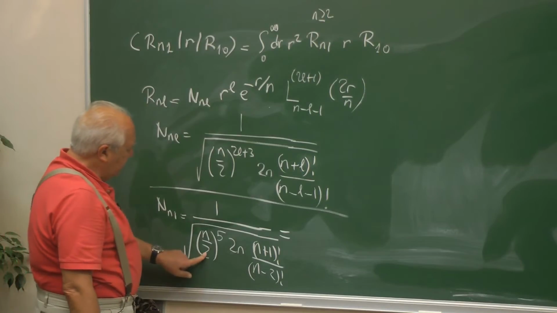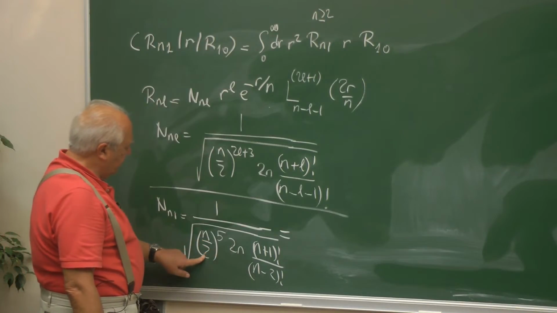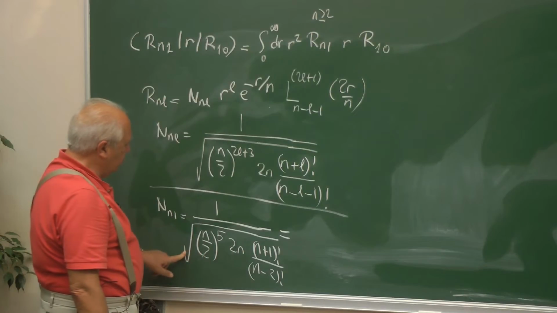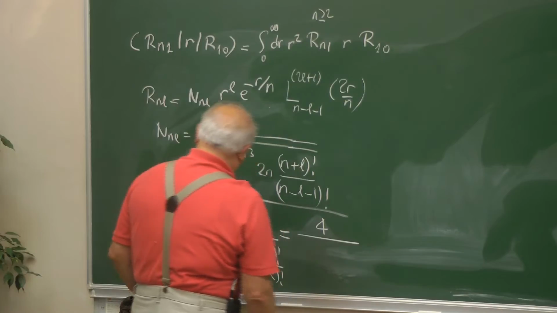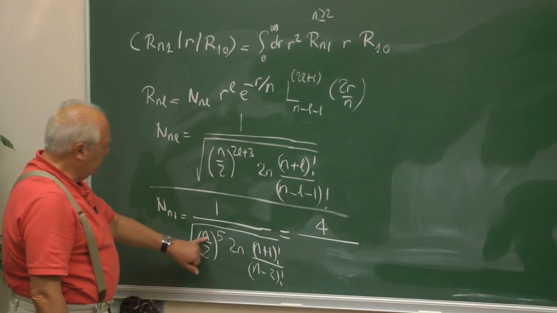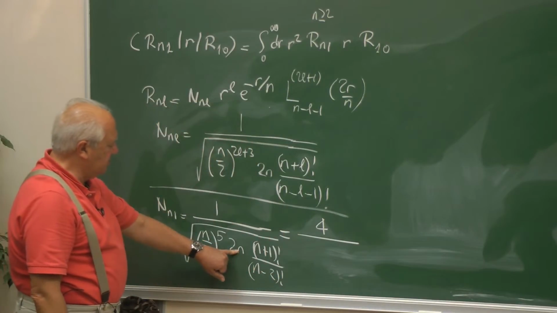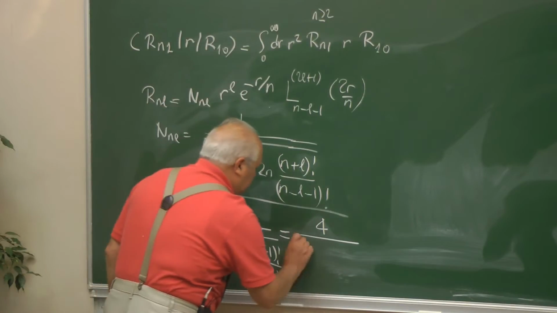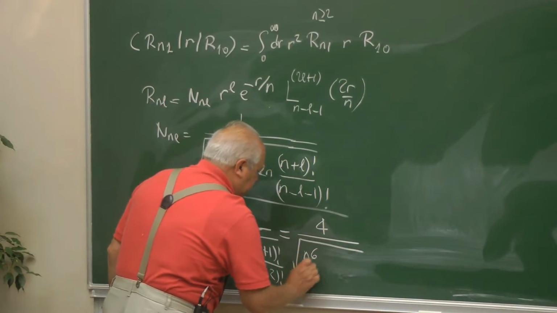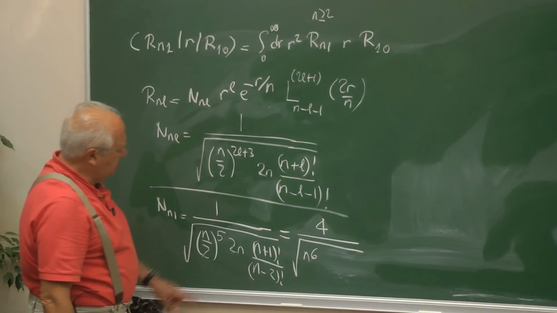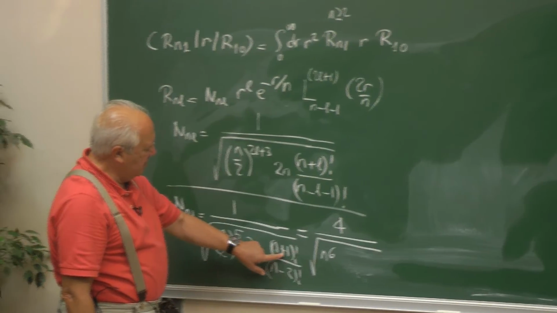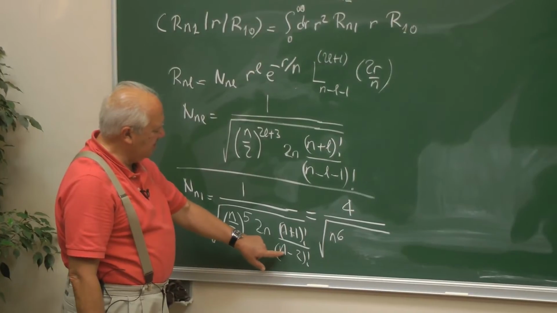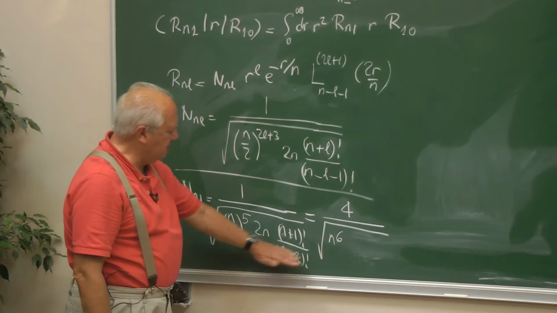We have 2 to the 5 cancelling with 2, leaving 2 to the 4, whose square root is 2 squared, so we have 4 upstairs. Then I have n to the 5 and n to the 6 under a square root. If we open up the factorial, n plus 1 factorial is n plus 1 times n times n minus 1 times n minus 2 factorial, so the n minus 2 factorial is cancelled.